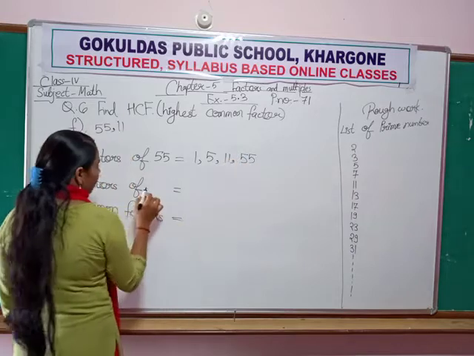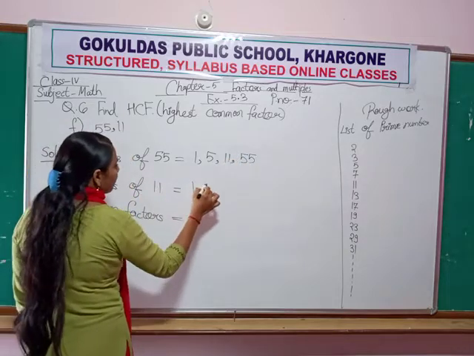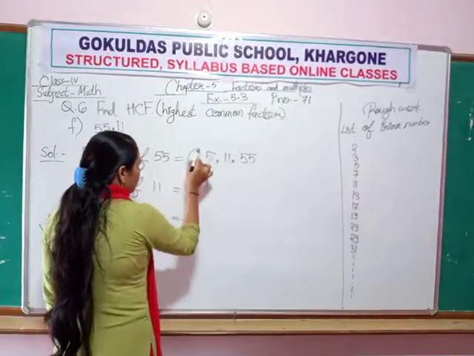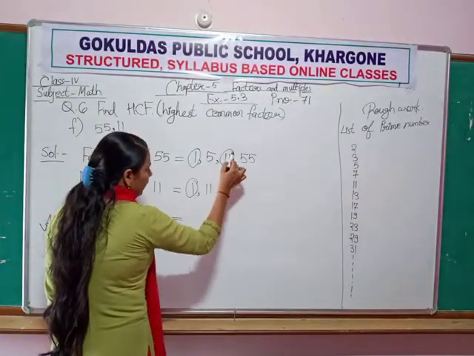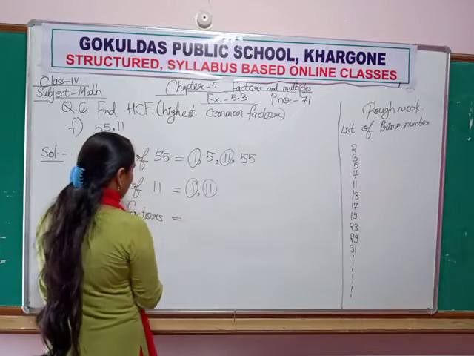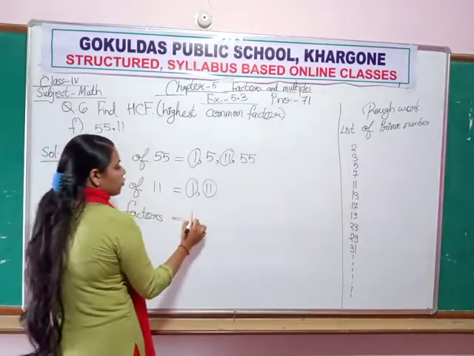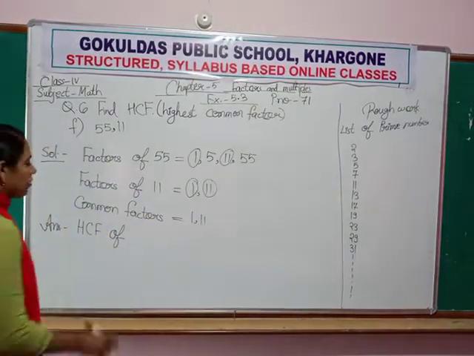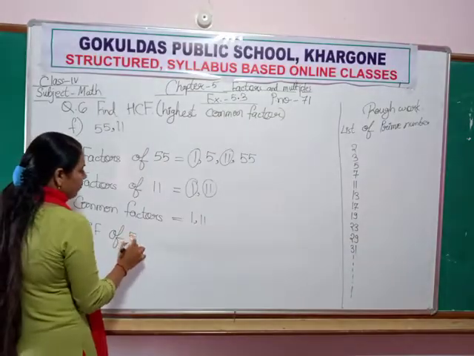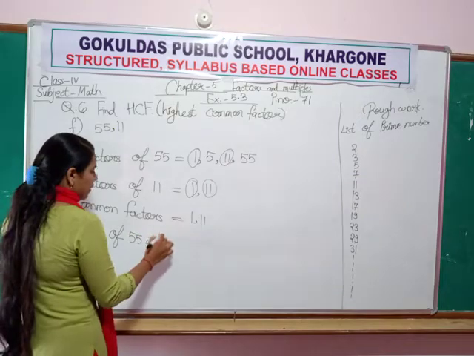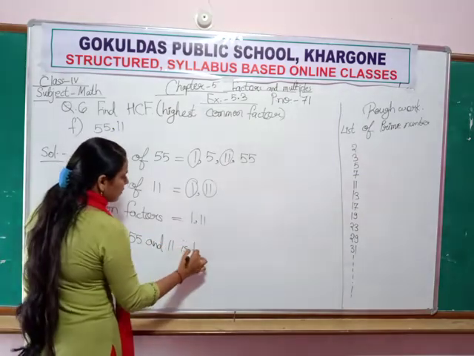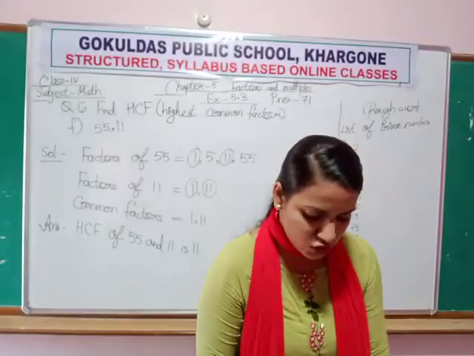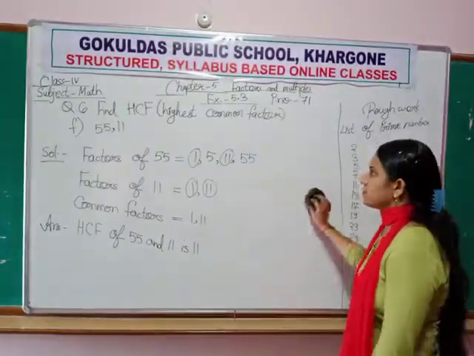And factors of 11 are 1 and 11. Now circle the common ones. 1 is common in both, 11 is common in both. Now write the common factors: 1 and 11. Now which one is highest common? The highest common factor of 55 and 11 is 11. So this is how we find the highest common factors.